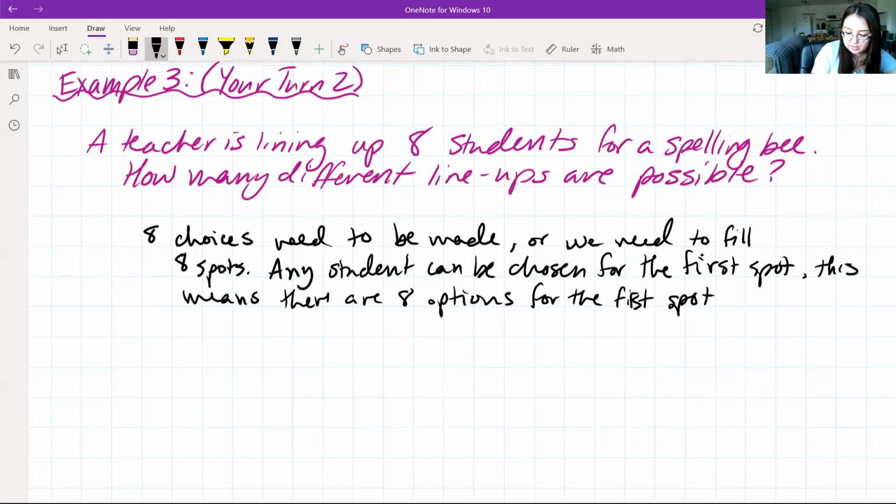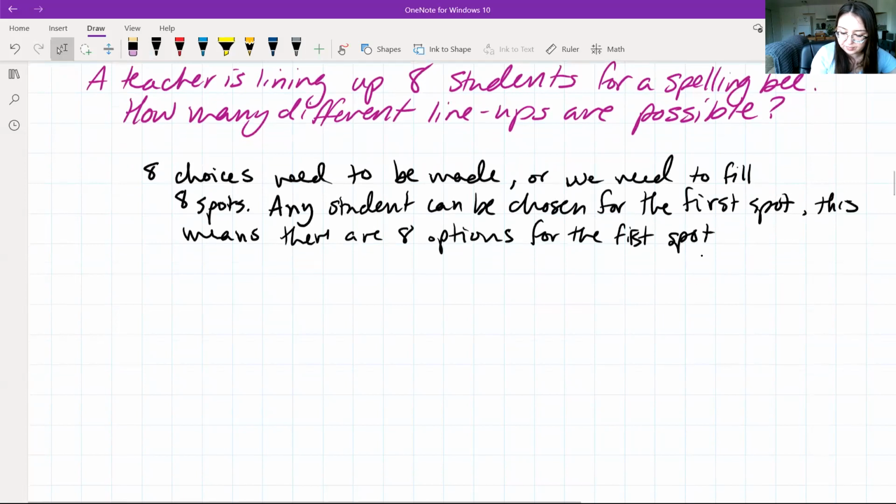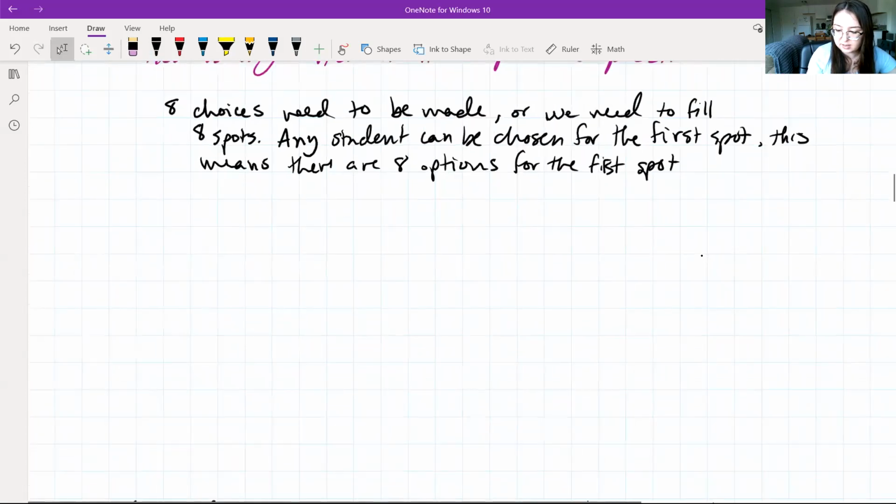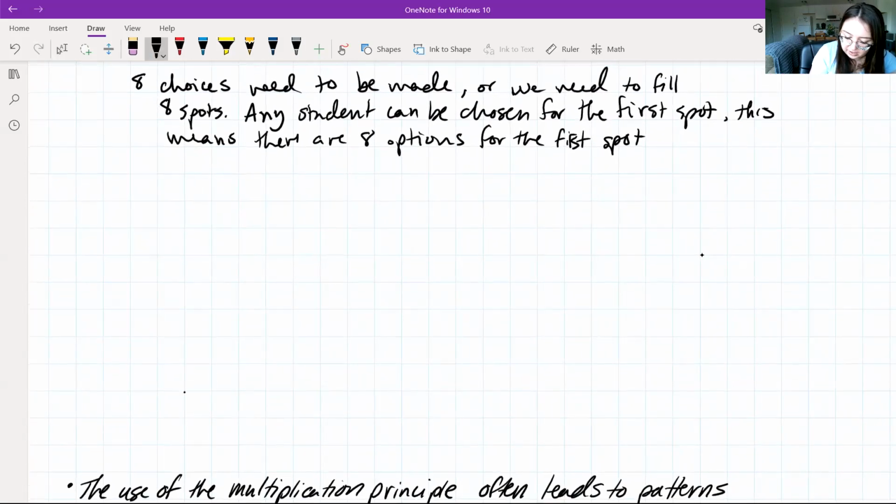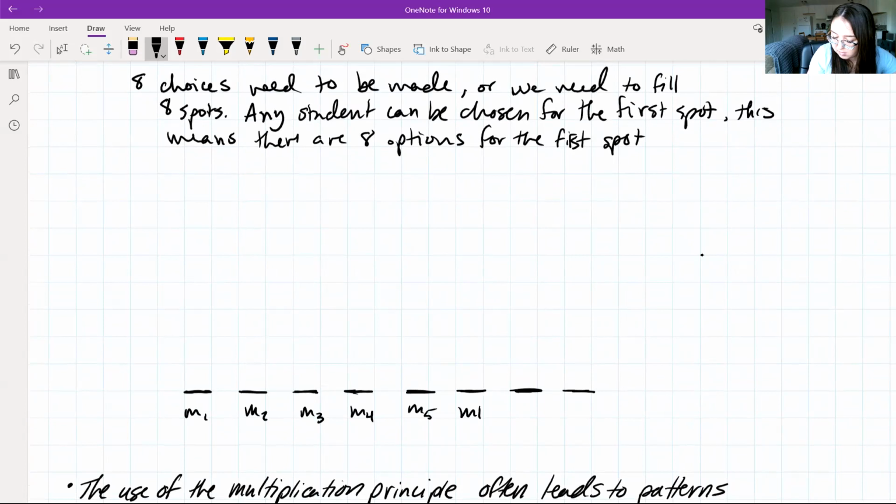So we can start lining these up. And let's put it right here. Say there's 1, 2, 3, 4, 5, 6, 7, 8. So we'll say M1, M2, M3, M4, M5, M6, M7, M8.